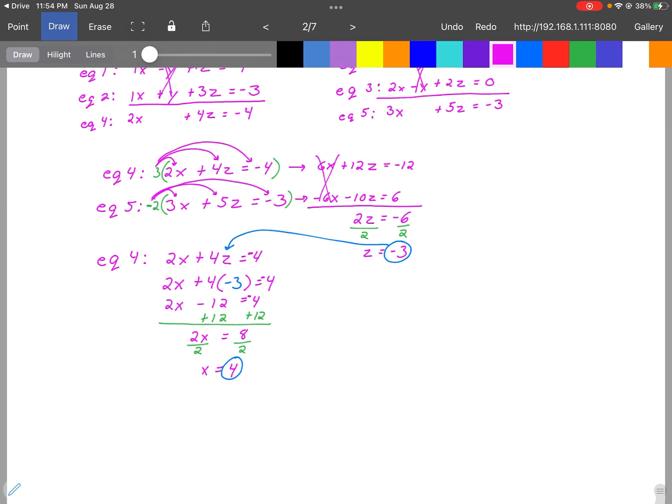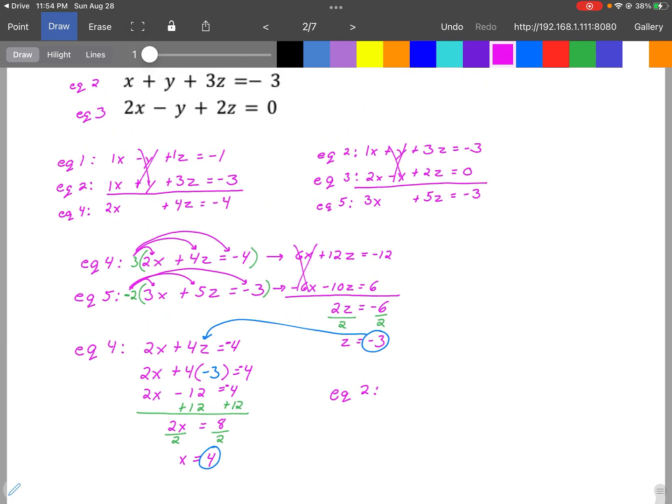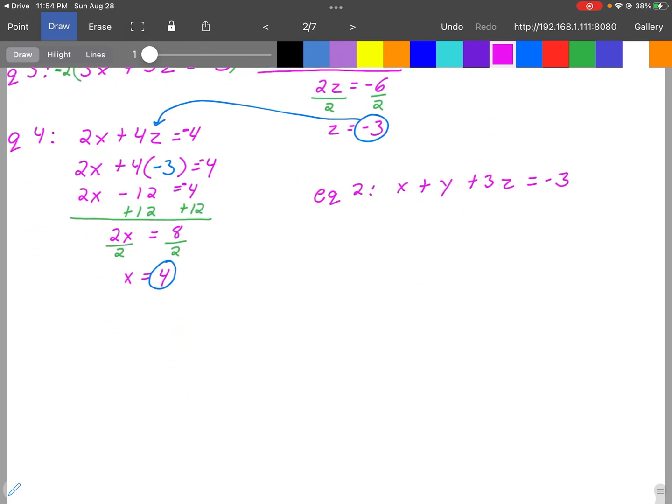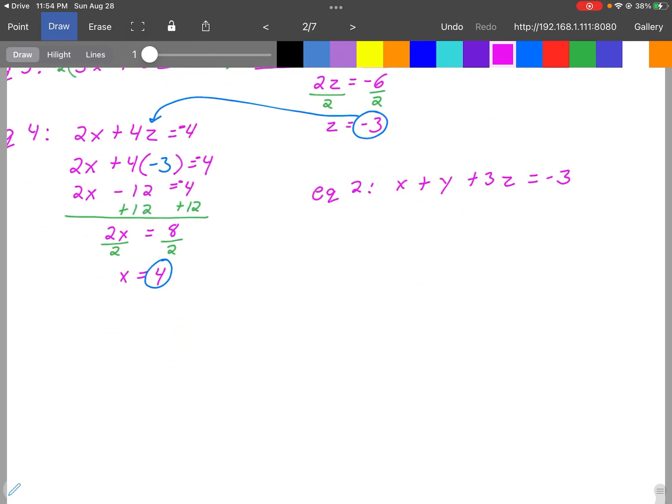So I'm going to start by just rewriting equation 2. So equation 2 was x plus y plus 3z equals negative 3. Okay, now that I have that rewritten, I'm going to take the two answers that I know, x and z.